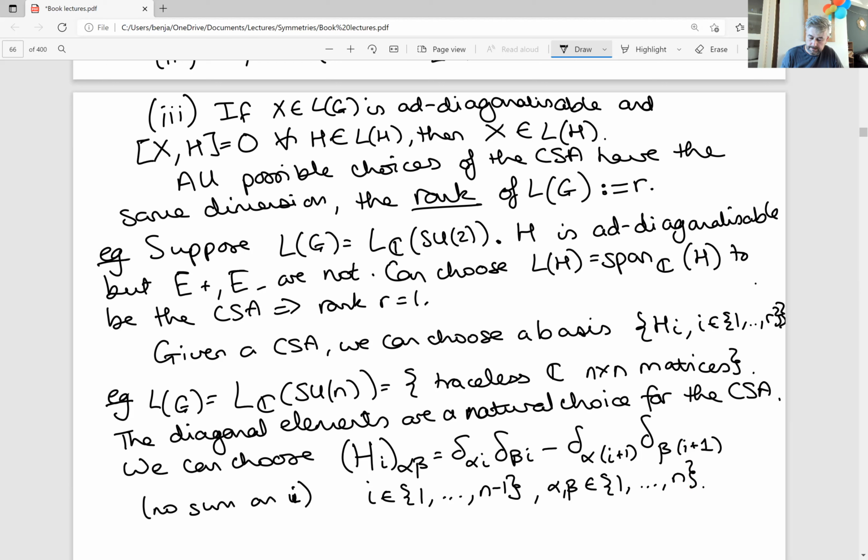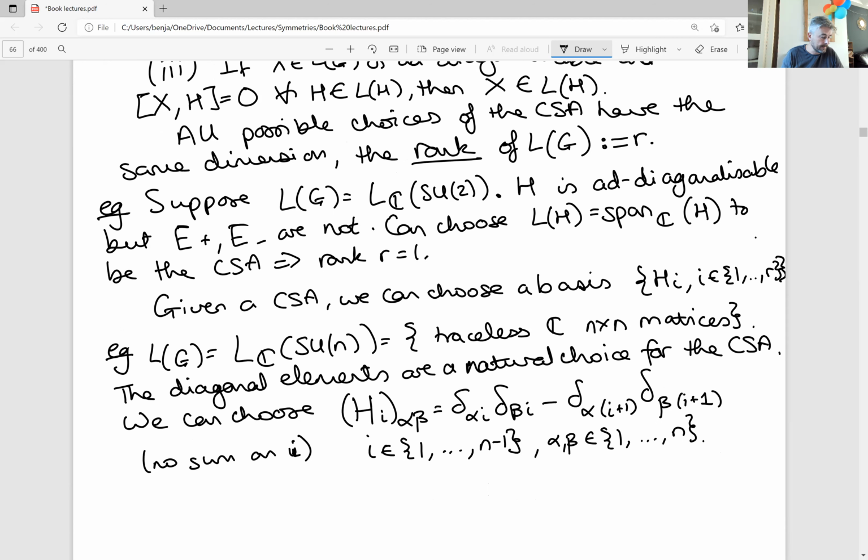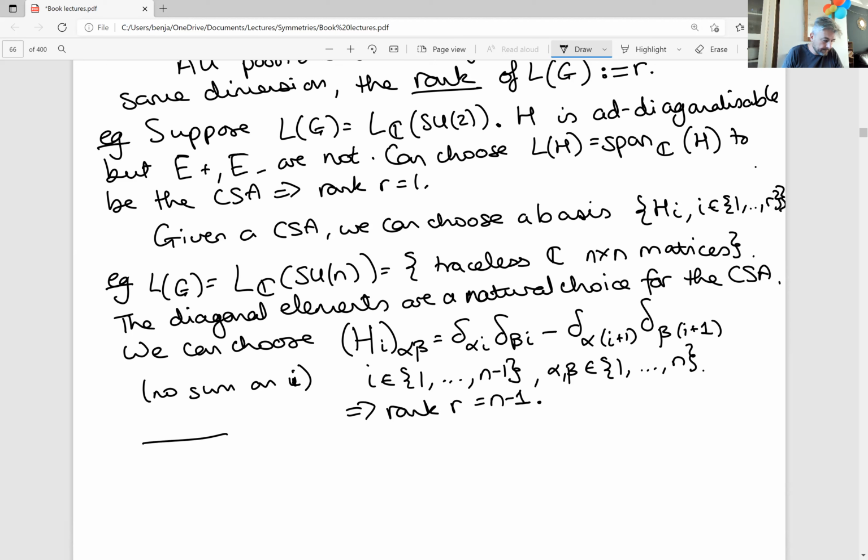So this traceless condition means that the rank is n minus 1. So that's the end of the example.